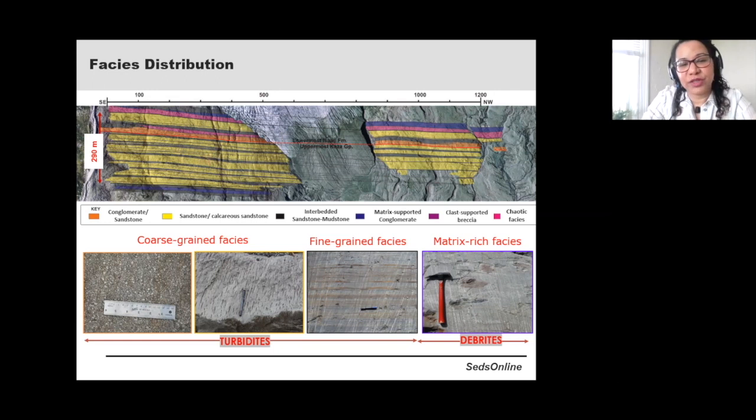Even though I was only working in that interval, I also walked around to see what was happening below the interval and above the interval. And one surprising thing is that there were two major changes occurring exactly in that place.